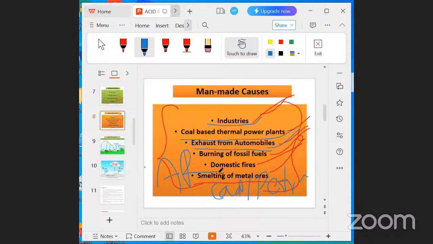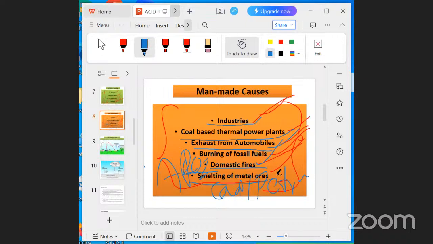Okay. And the next one is domestic fires. Domestic fires release smoke that contains CO2, carbon dioxide. Domestic means households, anything. Okay.